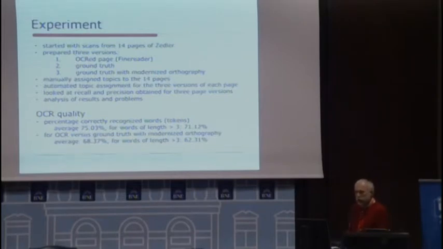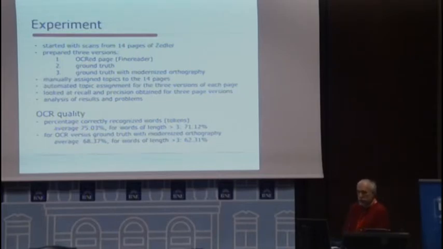Then we manually assigned topics to each of the pages, and we applied automated topic assignment for the 3 versions of each page. And we looked at recall and precision results obtained for the 3 versions: OCRed page, ground truth page, and ground truth with modernized orthography. And we analyzed the results and the problems.